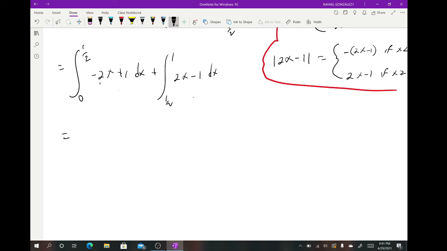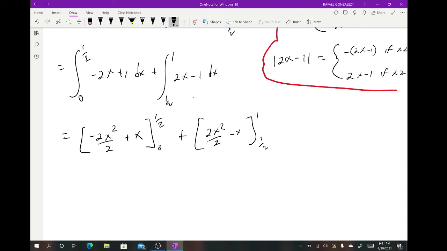So the antiderivative of negative 2x plus 1 is going to be negative 2x squared over 2 plus x, and we are going to evaluate that from 0 to 1/2. Again, this is using the reverse power rule, plus this is going to be 2x squared over 2 minus x, and we're evaluating this one from 1/2 to 1.